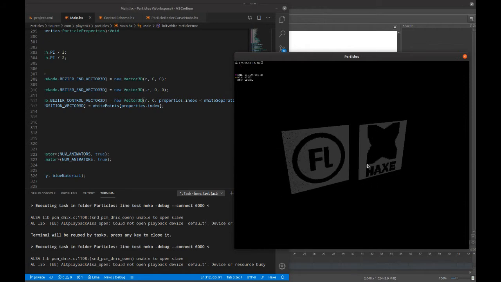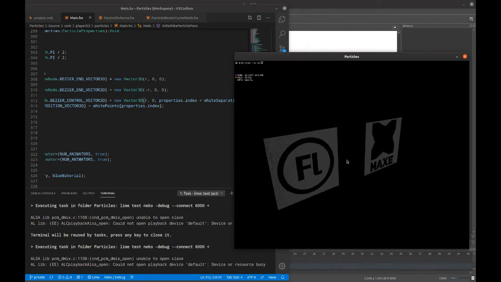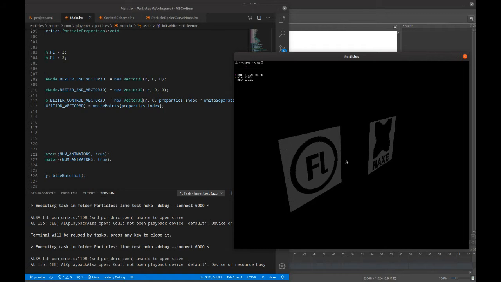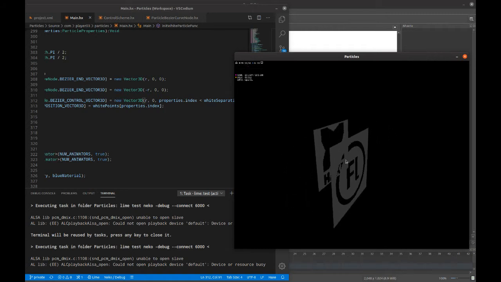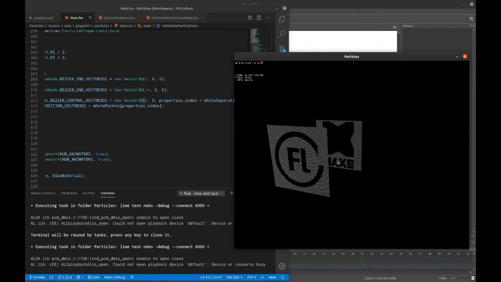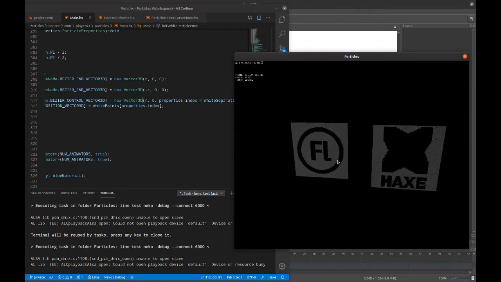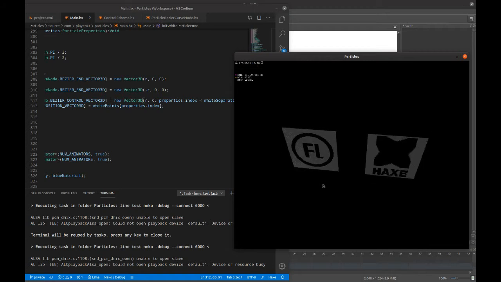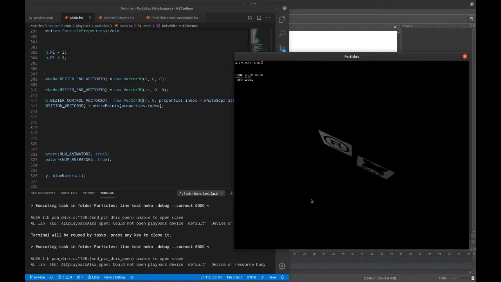Well, okay, yes, the image stays visible permanently. This is an interesting path to follow.